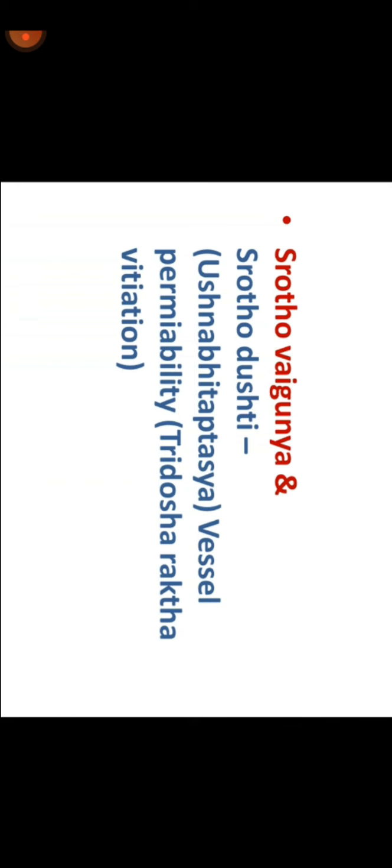So by history taking, we have to assess the Srodo Vaigunya, what factors are prone to develop from the family history, and what Srodo Dushti is happening, especially the Rasa Rakta Dushti or Vata Dushti, or damage to the blood vessels. All these can happen by the etiological factors.